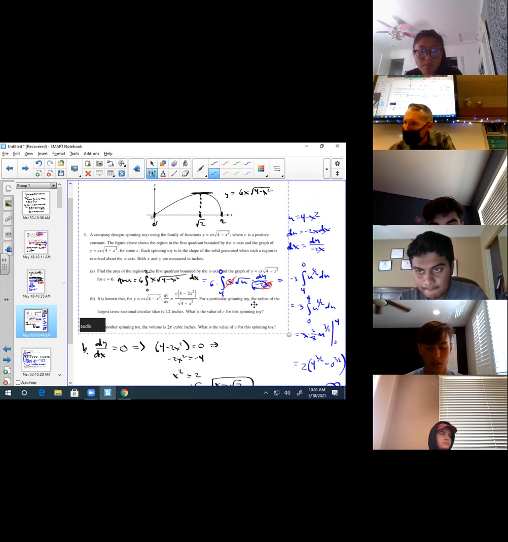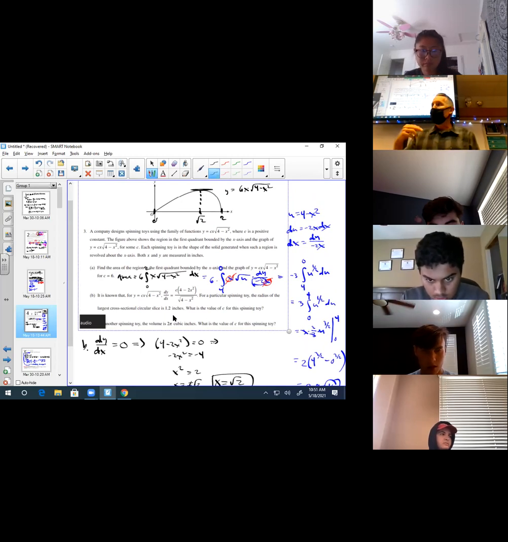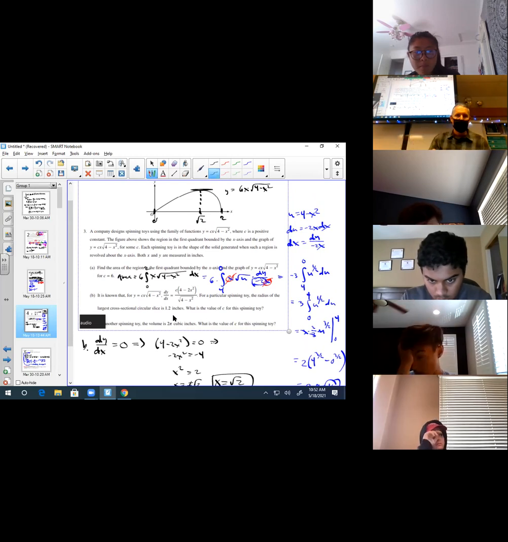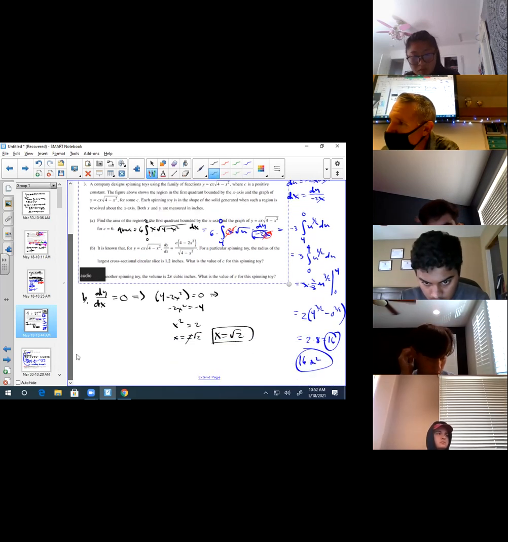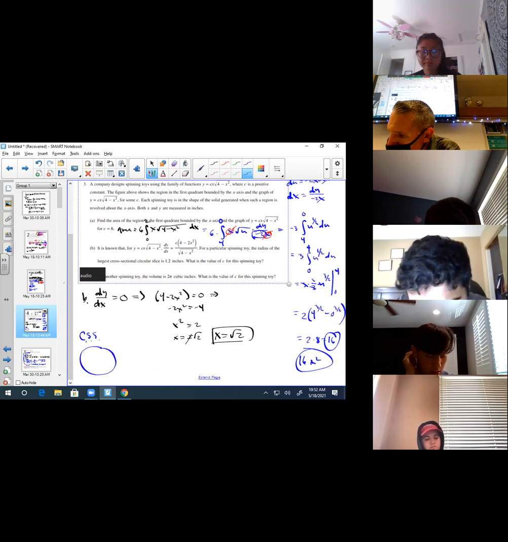So now given that, see if you can figure out what we're looking for. For a particular spinning toy, the radius of the largest cross-sectional circular slice is 1.2 inches. So what I have here is volumes of solids of revolution using the disk method. I take my super sharp samurai sword and slice it, and the cross-sectional shape is this circle right there, and this is the radius.